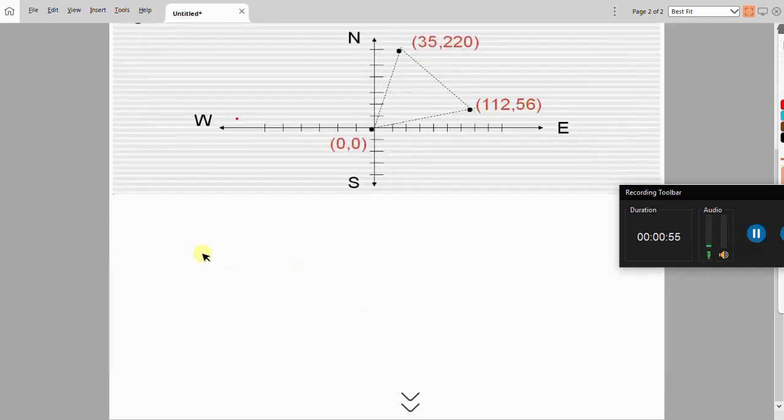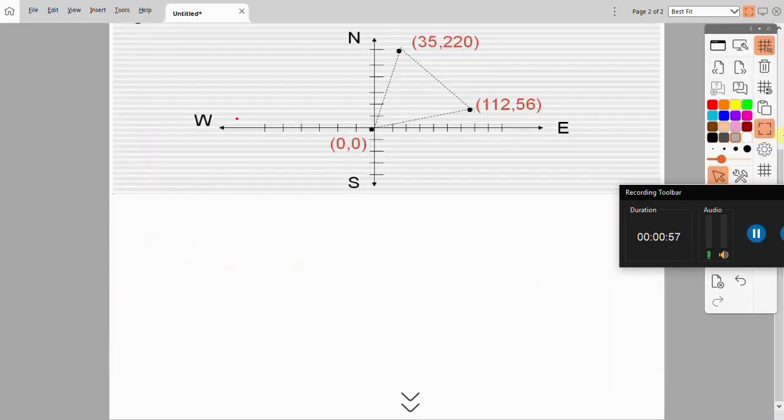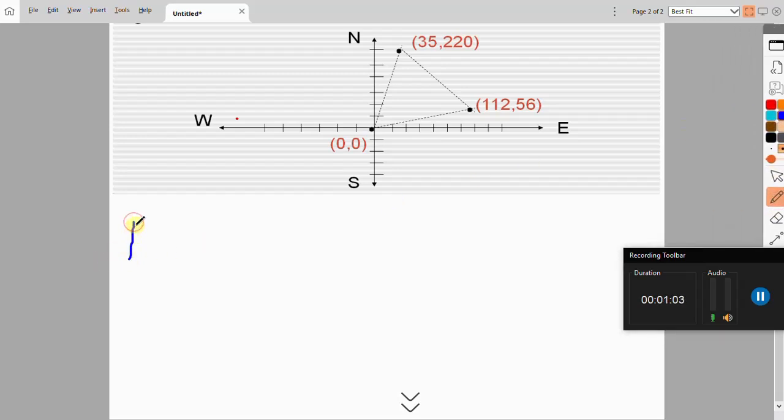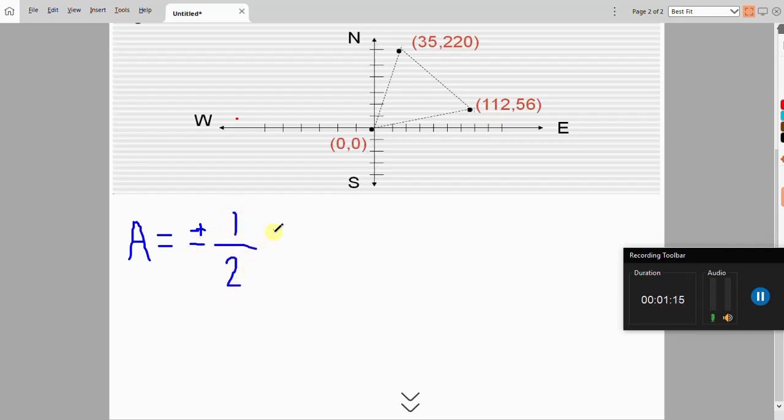The equation is area equal plus or negative half times the determinant.